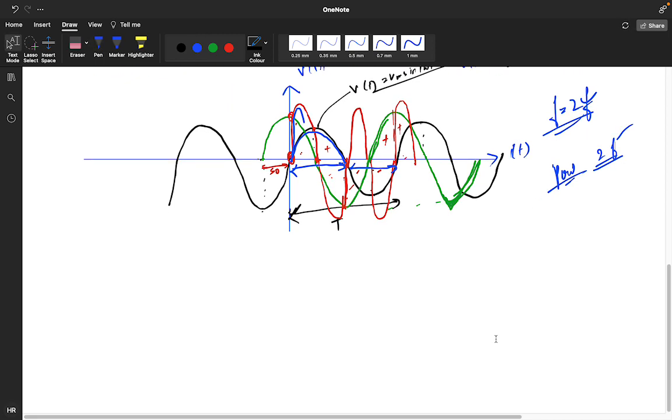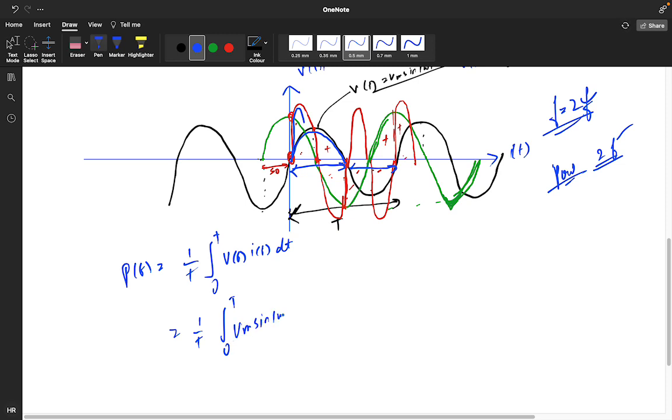So if you calculate like this, the average power P is equal to 1 upon T, integral from 0 to T, of V of t into I of t dt. That is 1 by T, 0 to T, where V of t is Vm sine omega t, and I of t is Im sine omega t plus 90 degrees, into dt.